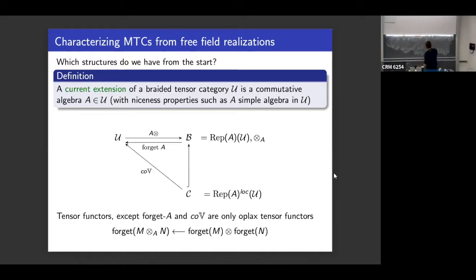And here you have the inclusion, because local modules are in particular modules. And here you have this composition of these two arrows. I call it COVID. It should not be spelled like COVID, but since COVID it always reminds me of that, but I kept the name anyway. It's October-November.